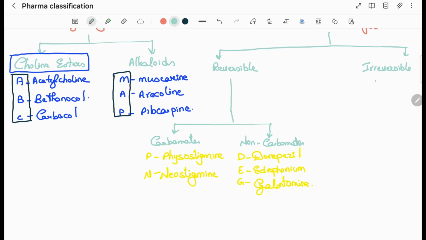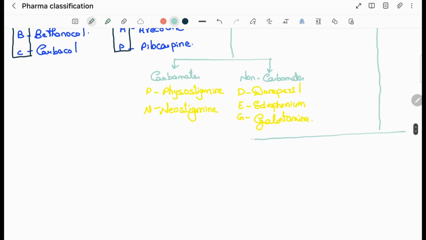In this irreversible also, they are divided into two types, same as reversible: carbamates and organophosphates. Organophosphates are very important, and these we remember with the mnemonic called CP, personal computer.